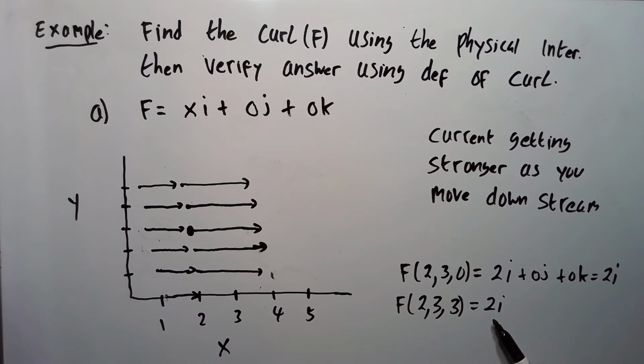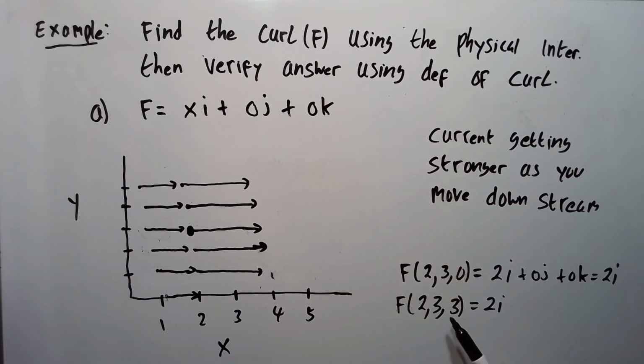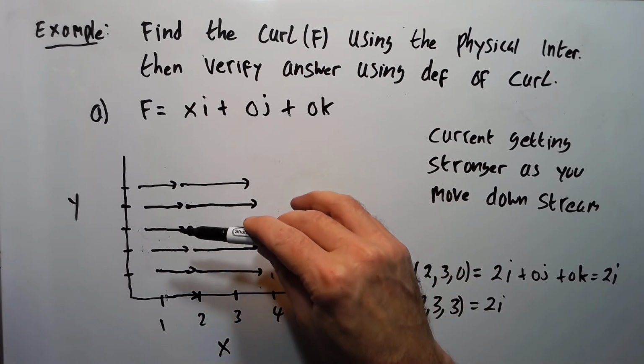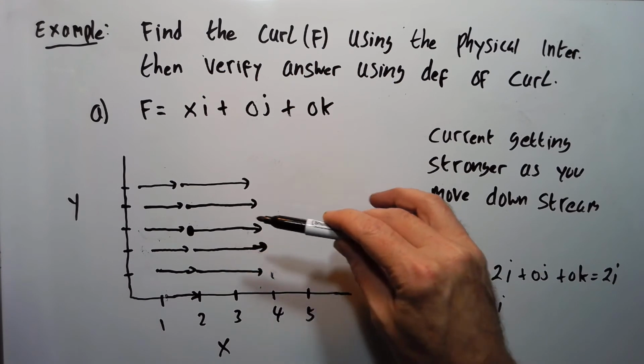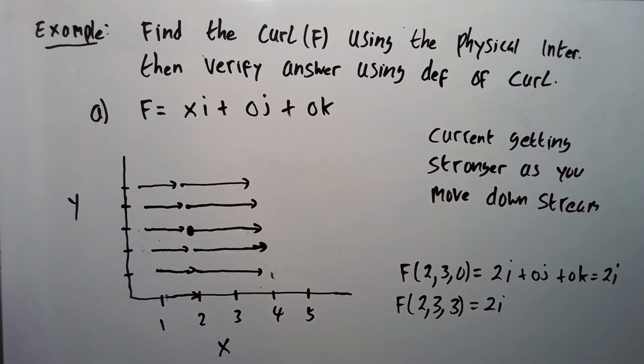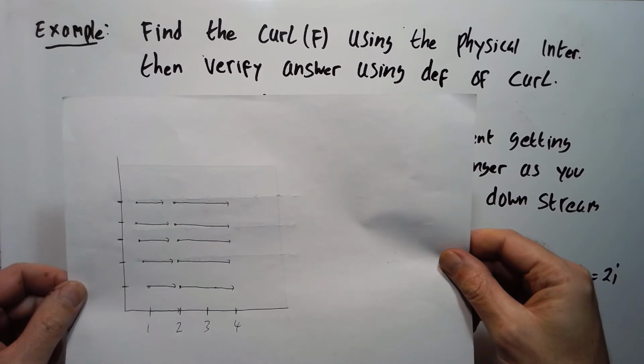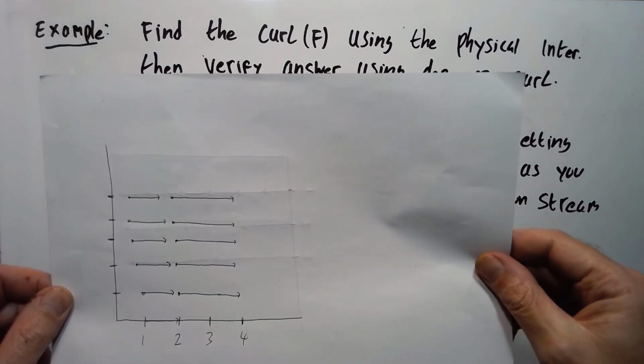It would also be 2i because this has no z component, so you can put whatever you want for z. So this point up at 3 in the z would also have length 2i, the same as this one, just shifted up. So at any level on the z-axis, it's repeating like this as you're going up.